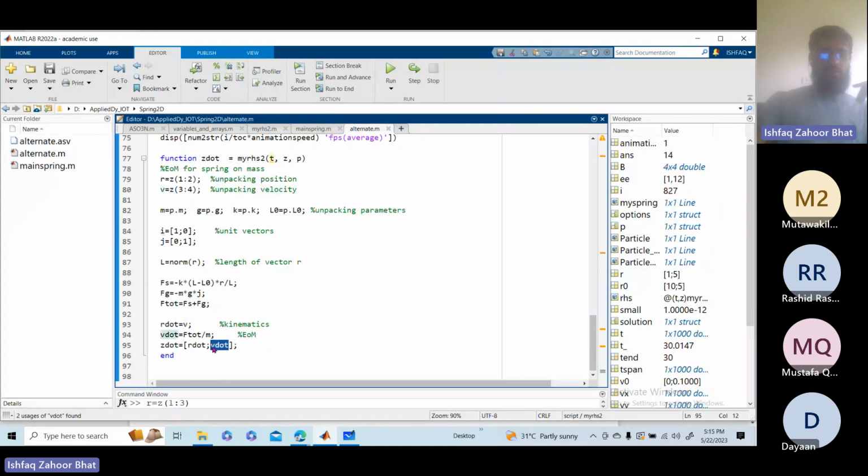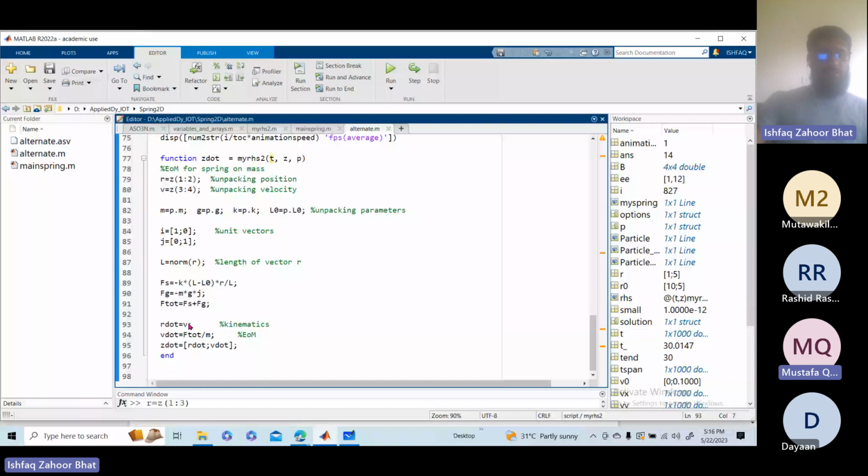Then I told you that V dot is nothing but F total upon M. I told you that F total is Fs plus Fg. Fs was this, Fg was this, and L was this, R was this. Everything was there. And now coming back, R dot is nothing but velocity, isn't it? This is by definition.